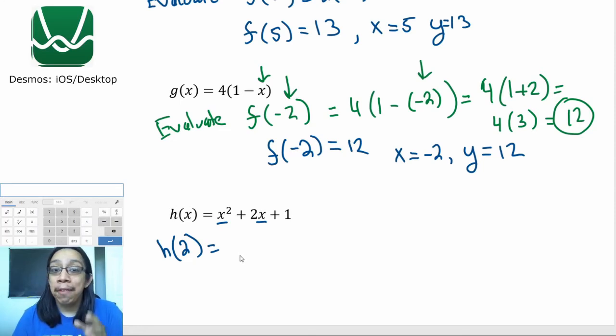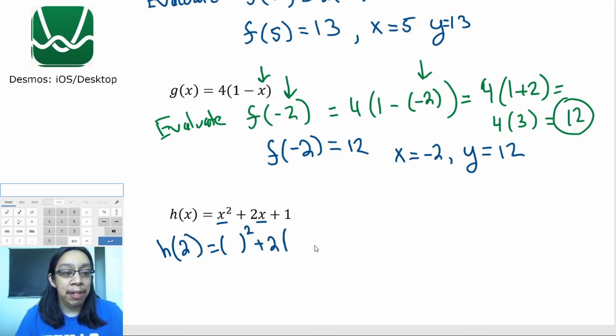Wherever you have an x or whatever variable you're working with, take that x out or take that letter out and put placeholder parentheses. In this case, we're going to have more than one placeholder in our equation. So here we're going to take out that x, we're going to put some parentheses there. Here we're going to take out the other x, put some parentheses there, and then we're just going to bring down that plus 1.